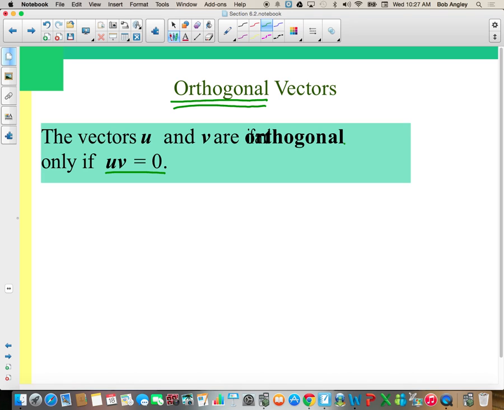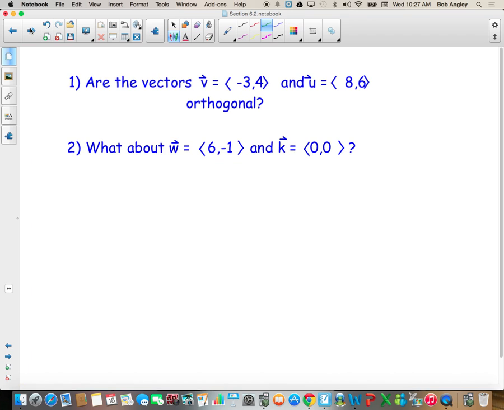Okay, now let's go to this next slide, and I've got a couple here. Look at these two vectors here, and we want to see if they're orthogonal. So we're going to go v dot u, and it would be okay if we went u dot v. It doesn't matter the direction in which we go here. So we're going to get -3 times 8 plus 4 times 6.